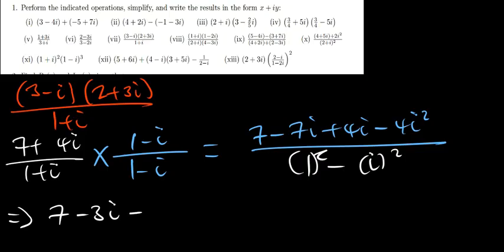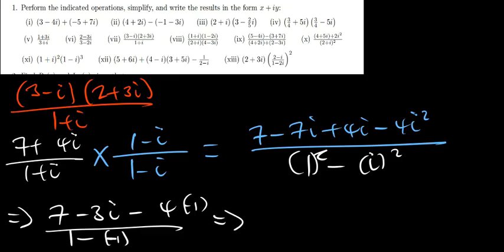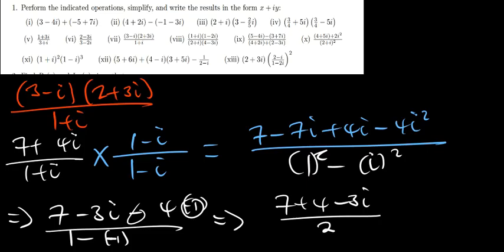This is going to be negative 4 times this negative, which is going to give us plus. The down part is going to be 1 minus, because of that negative, negative 1, because i squared is negative 1. So we'll go there and say this is going to be 7 plus 4, because of this negative here and that negative will plus, minus 3i. Divide this by, down part will have plus, so it will be 1 plus 1 is 2.